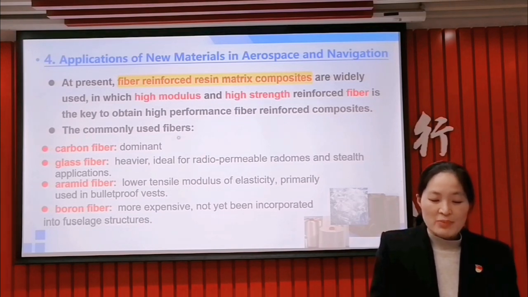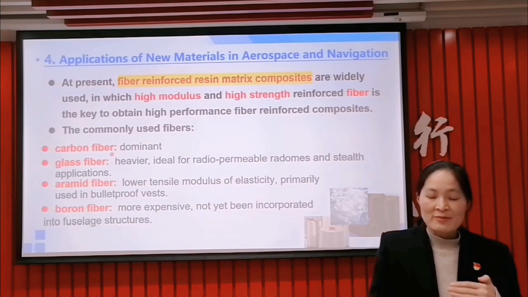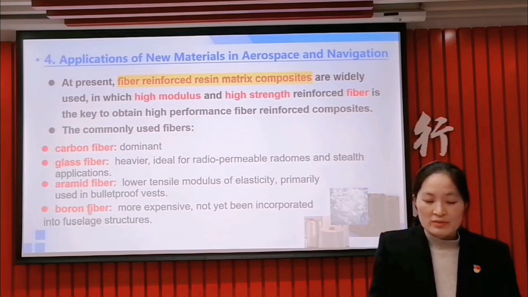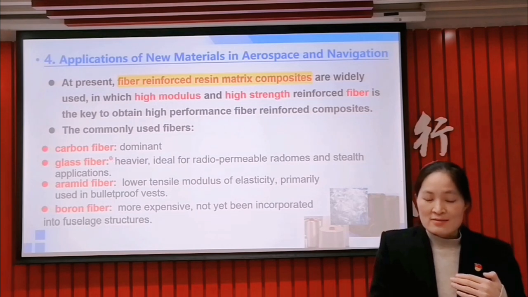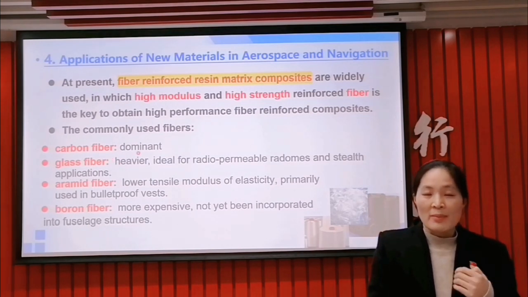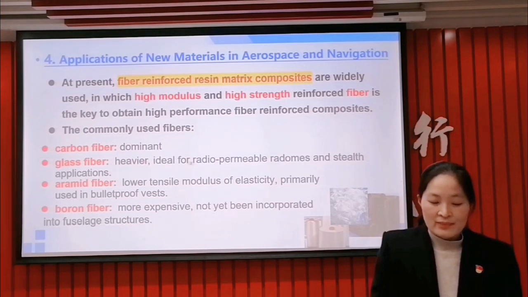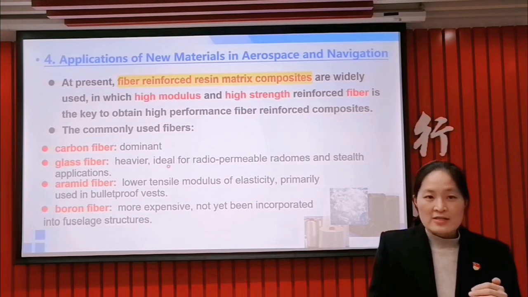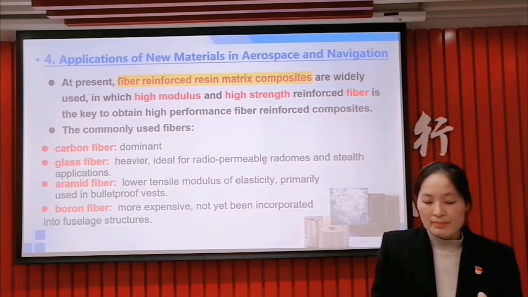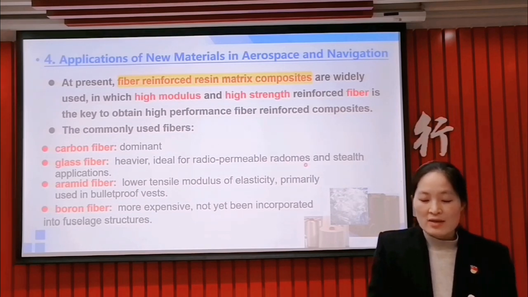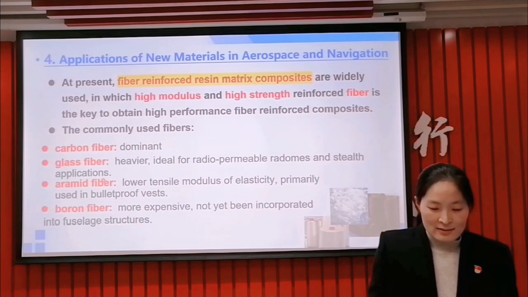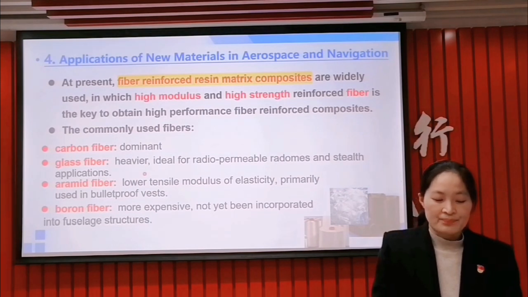And the commonly used fibers contain carbon fiber, glass fiber, aramid fiber, and boron fiber. Of all these, carbon fiber is dominant. Glass fiber is too heavy, but it's ideal for radar permeable radomes and similar applications.